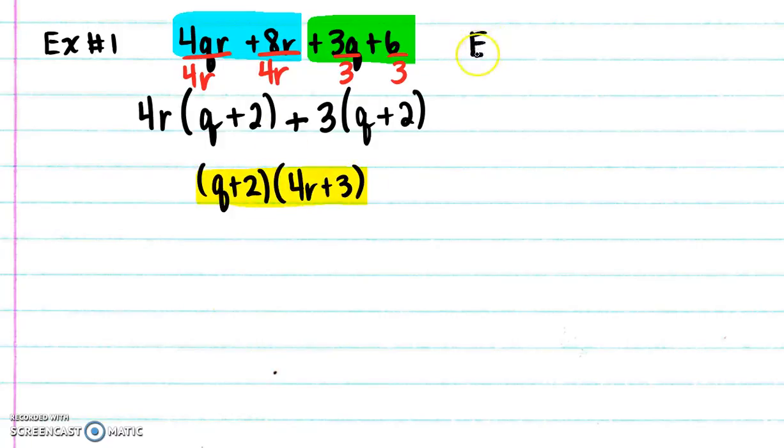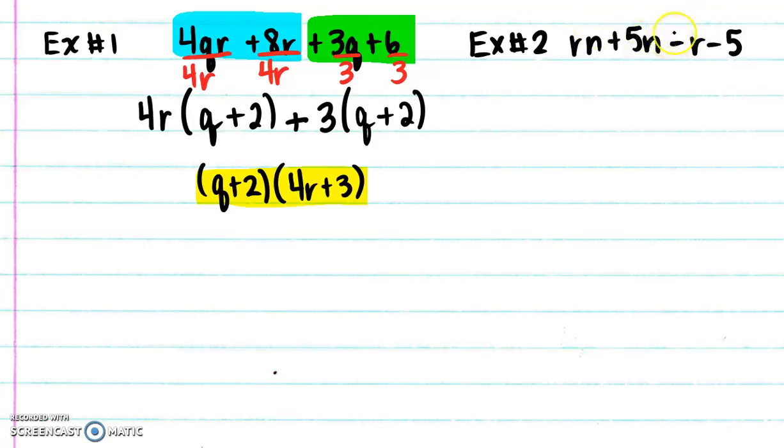Okay, let's look at another example. rn plus 5n minus r minus 5. Now this one is going to be a little bit different because something's not going to be right here.